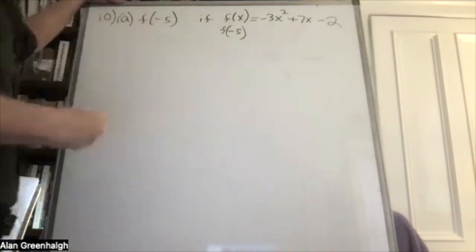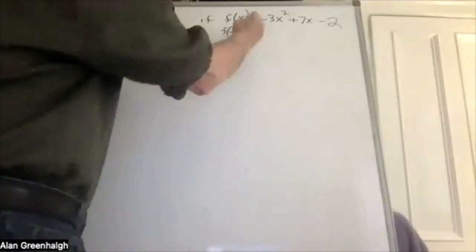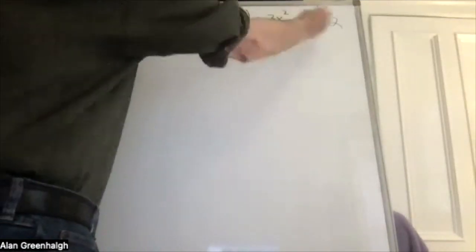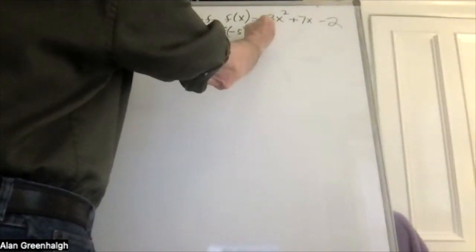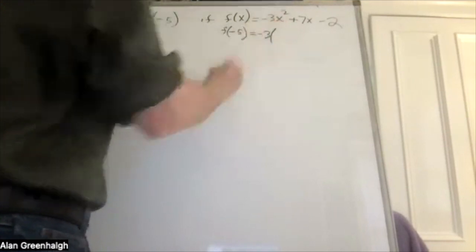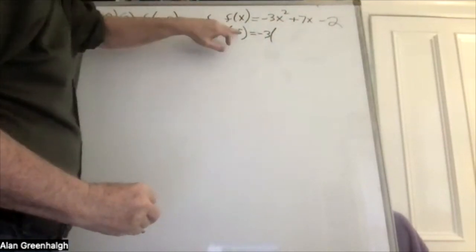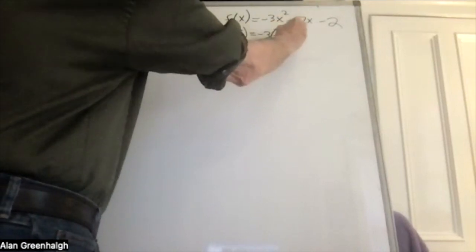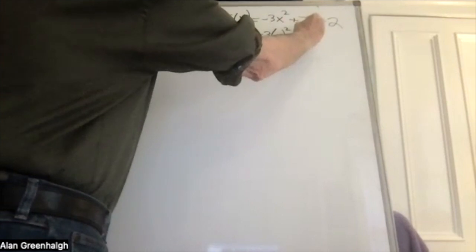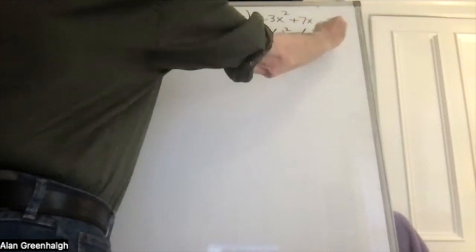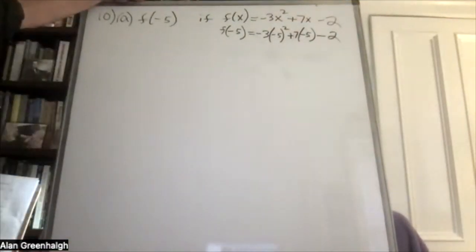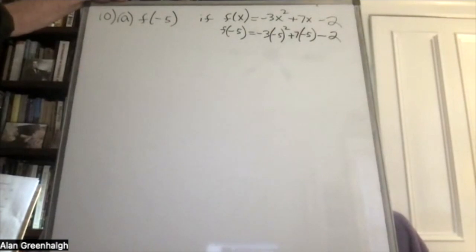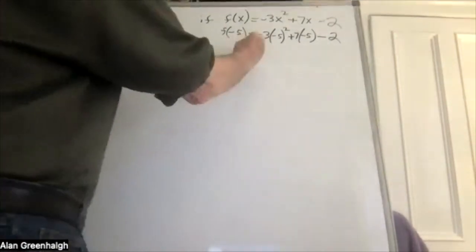We actually did this earlier in the class. It's just a more elaborate expression. Wherever you see an x, you substitute a -5.